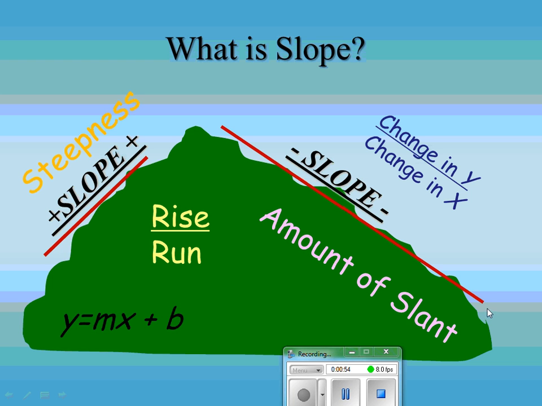All of that vocabulary means the same thing as slope. Y equals mx plus b is not slope. The m is the slope. This is just an equation that will describe these lines, and we're going to learn how to write it in order to describe the line that we graph.